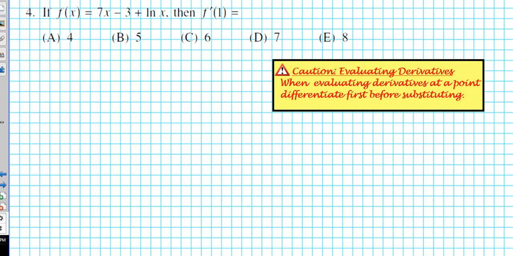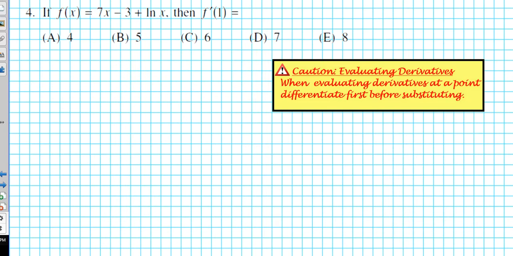Whenever you're evaluating the derivative at a point, you want to remember to differentiate first before you substitute. You never want to substitute and evaluate, then differentiate. That's incorrect. So you do your calculus first before you do your arithmetic.